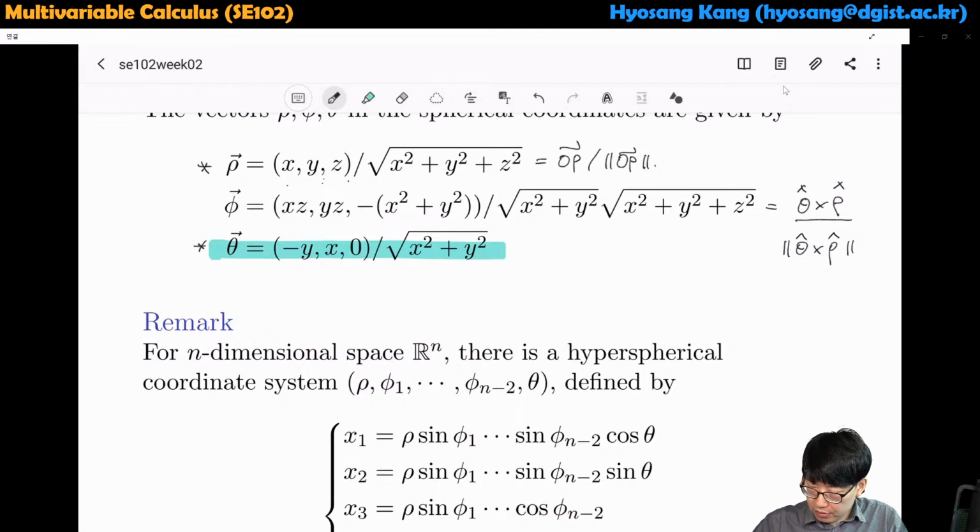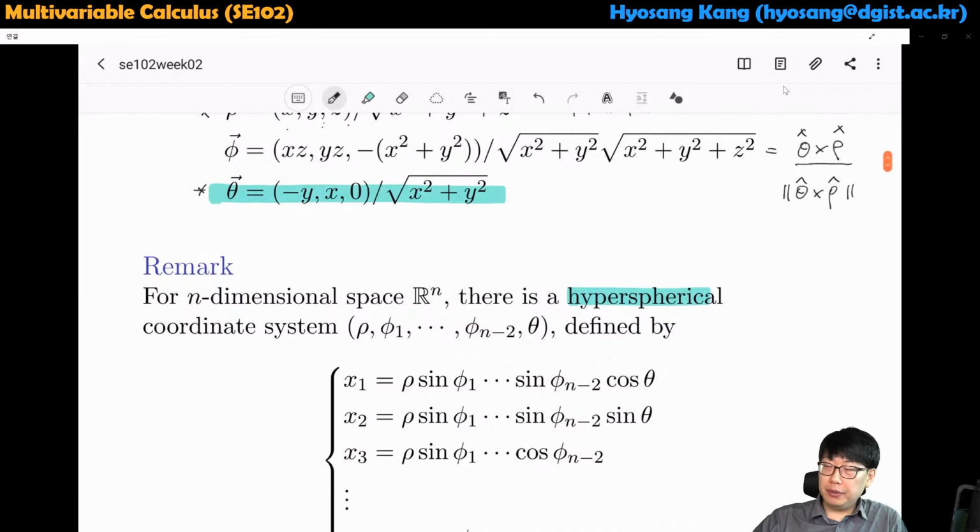This is actually a remark; you don't need this right now. As I mentioned about four-dimensional space, when you want to draw the graph of a three-dimensional function, you need four-dimensional space. You might wonder, instead of Cartesian coordinates, is there another coordinate system in higher-dimensional space? There is, which is called the hyperspherical coordinate system. It simply generalizes the spherical coordinate system in three-dimensional space.